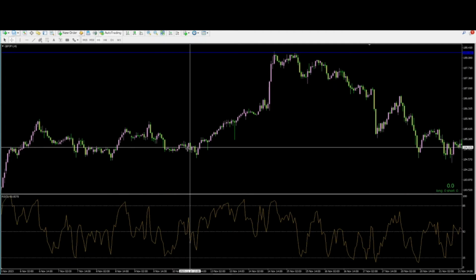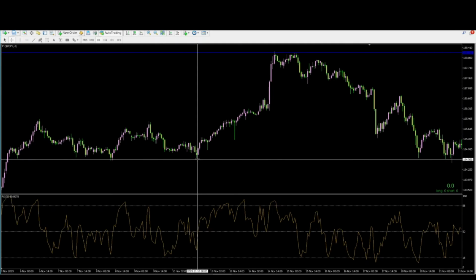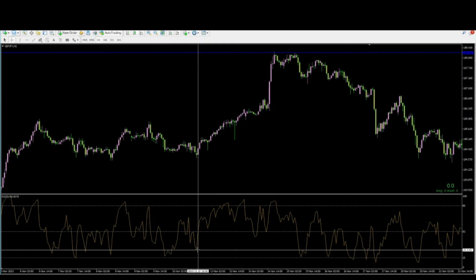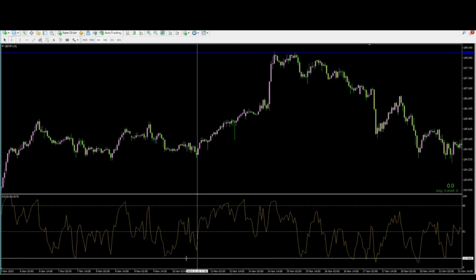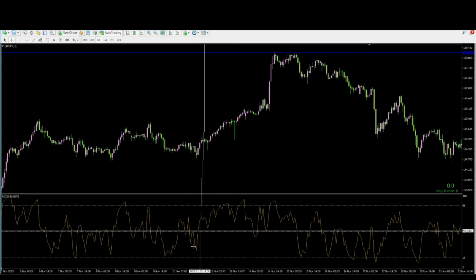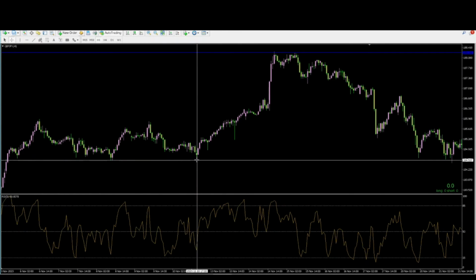Now we see it pulled back and again made another lower low here. But if you look at RSI, RSI should be further down, but it's not. So it means something is going on in this area. That should catch our attention that maybe price is not moving further down, and at some point it may be changing its direction.